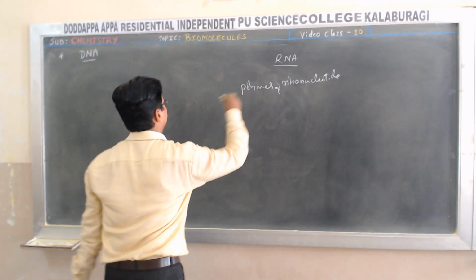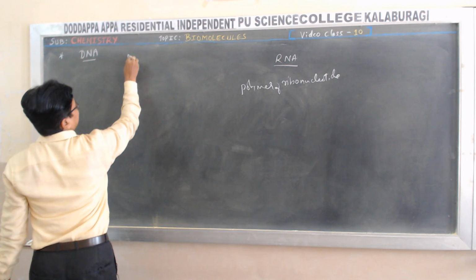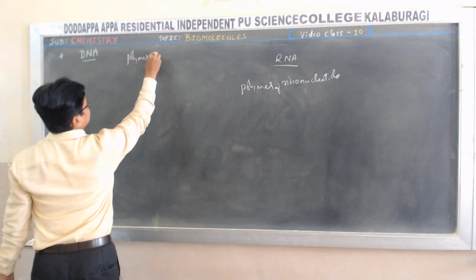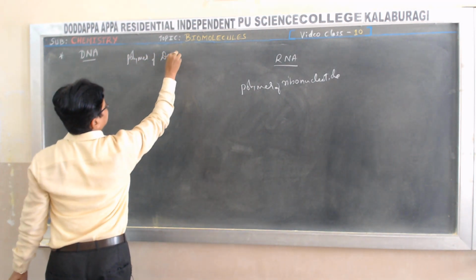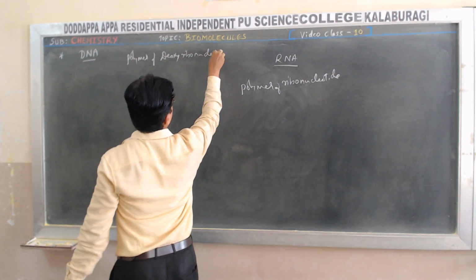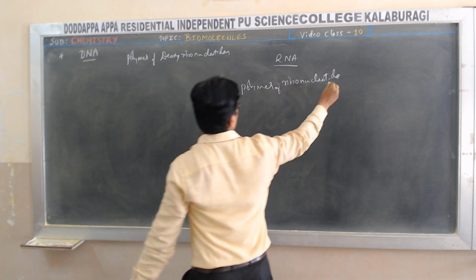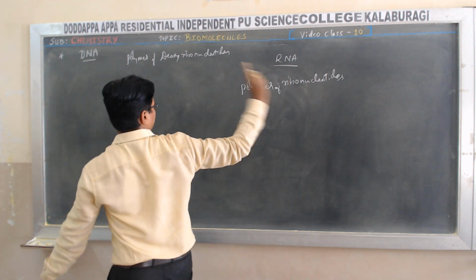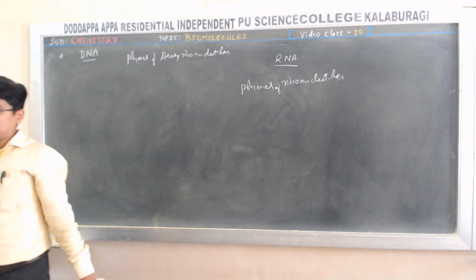What about DNA? It is the polymer of deoxyribonucleotides.